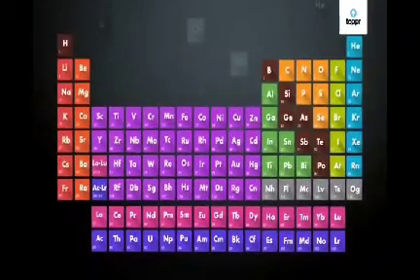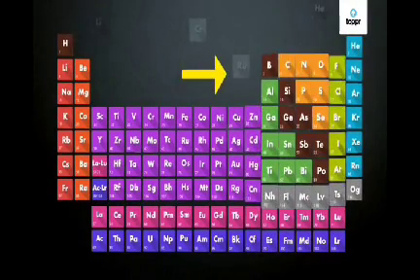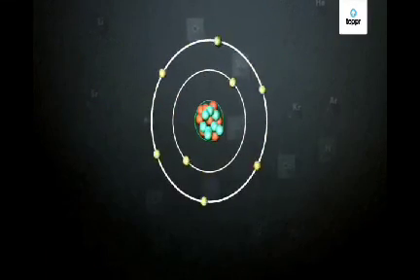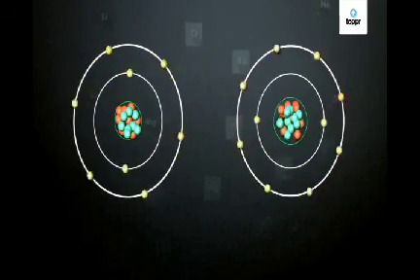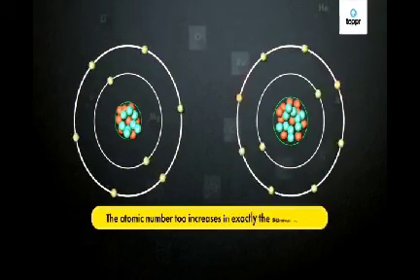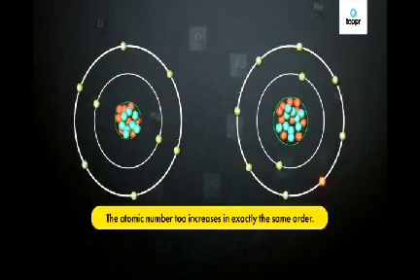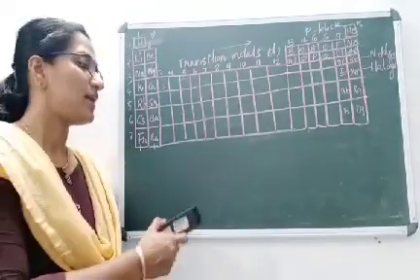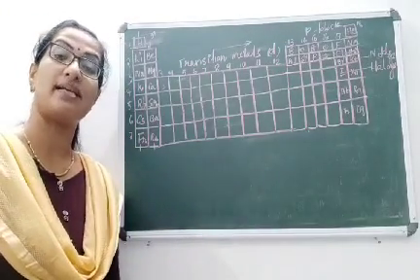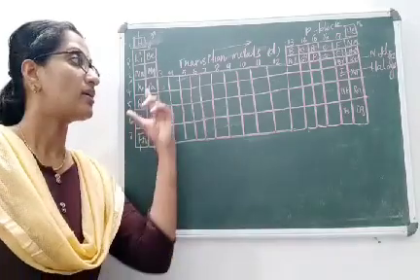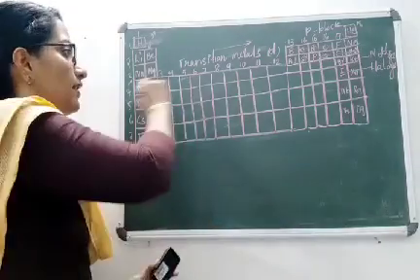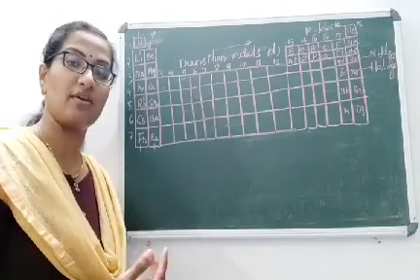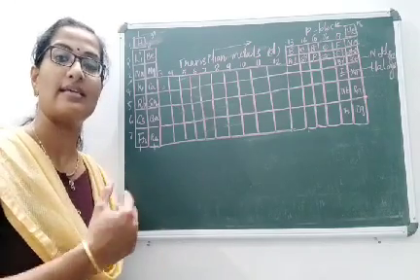On the other hand, when we move from left to right across a period, the electrons successively get added in the same outer shell, and the atomic number increases in the same order. Just like Mendeleev's periodic table, across the period the electronic configuration is entirely different.